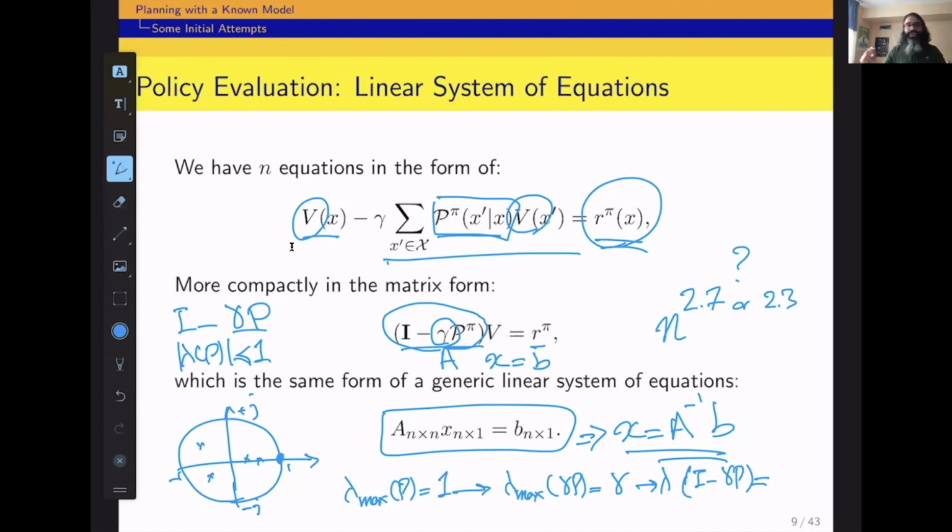So if we subtract the largest possible eigenvalue of gamma P, which is gamma, the smallest eigenvalue that we can get would be 1 minus gamma. And if gamma is smaller than 1, this is always larger than 0. So none of the eigenvalues would be 0, so the matrix is not singular. I guess that's one way to prove it.